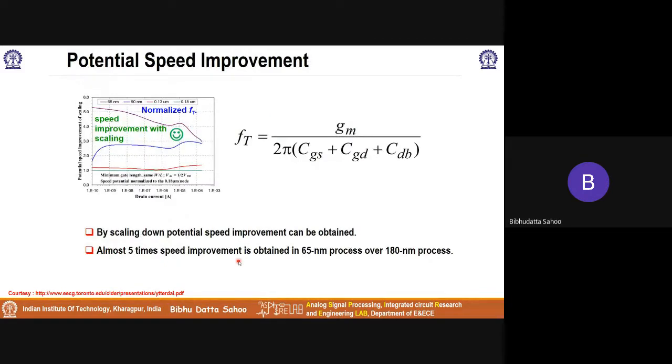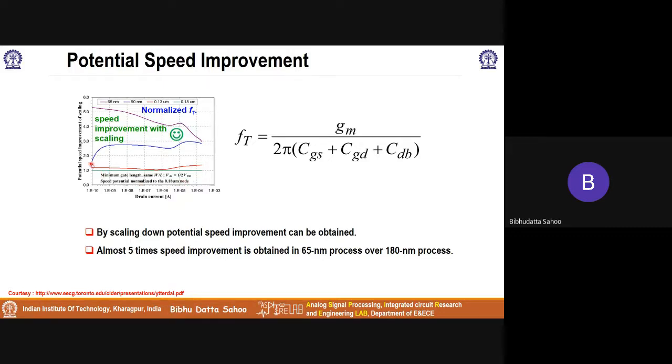Now what is the potential speed improvement? This is the normalized FT as a function of drain current. Again, minimum channel length is chosen and speed potential is normalized to the 0.18 micron node. So keep in mind this is a normalized frequency. The 180 nanometer has a speed given by this green one, which is 1. 130 nanometer is slightly better, 10 to 20% better.